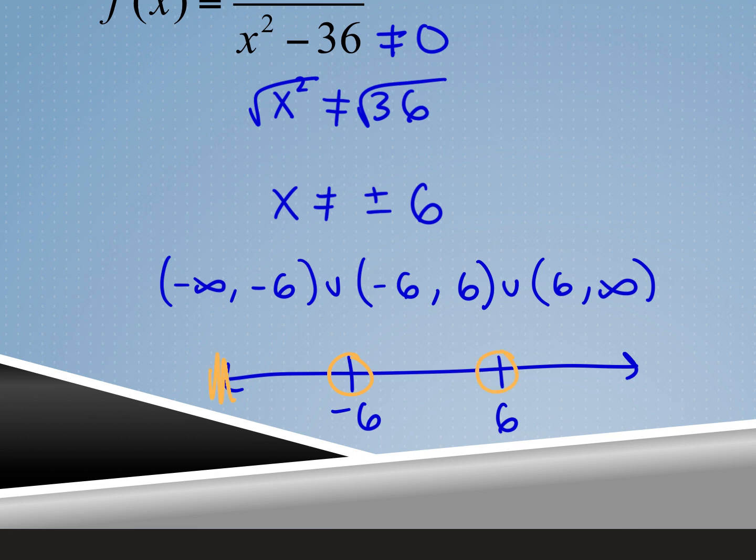So it includes from negative infinity all the way up to negative 6. We have to stop there. Then it could be any number in between negative 6 and 6, but then we have to stop there. And then it could be 6 to infinity. So when we have two numbers that x cannot be, we have 3 sets in our domain.